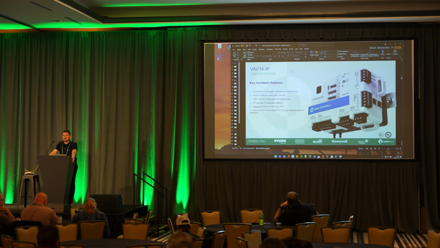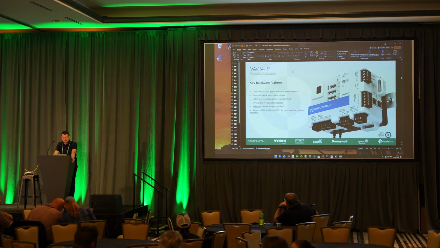Then we have our VEV14 IP controller, which has 13 inputs and outputs and a differential pressure sensor as well as the onboard actuator. Same double ports on the Ethernet with fail-safe switch, so there are physical relays installed on the switch. Whenever one of the connected devices fails on the site, the communication still passes through.